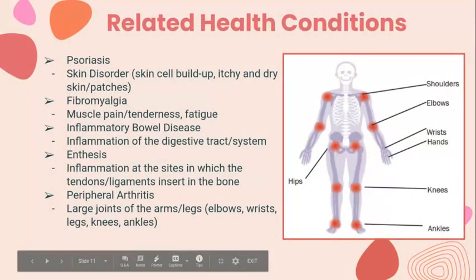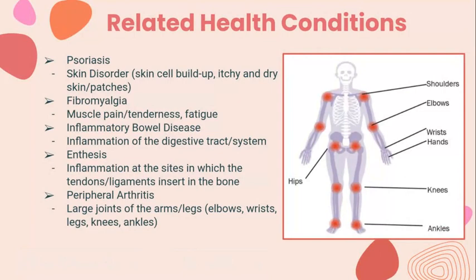And some related health conditions to ankylosing spondylitis include psoriasis, which is a skin disorder, skin cell buildup, and this is shown through itchy and dry skin and patches of dry skin. And then fibromyalgia, muscle pain, tenderness, and fatigue.